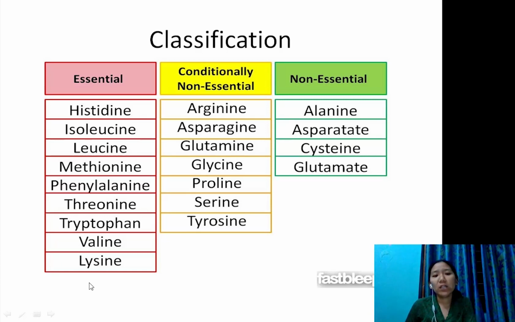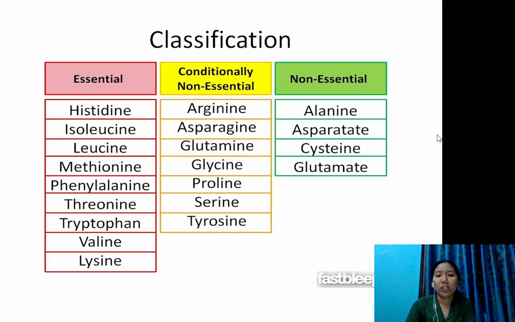Now there are other amino acids which are synthesized by our body during metabolism. That means we don't have to supply them from outside, and these are the non-essential amino acids. They need not be supplied through the external diet.